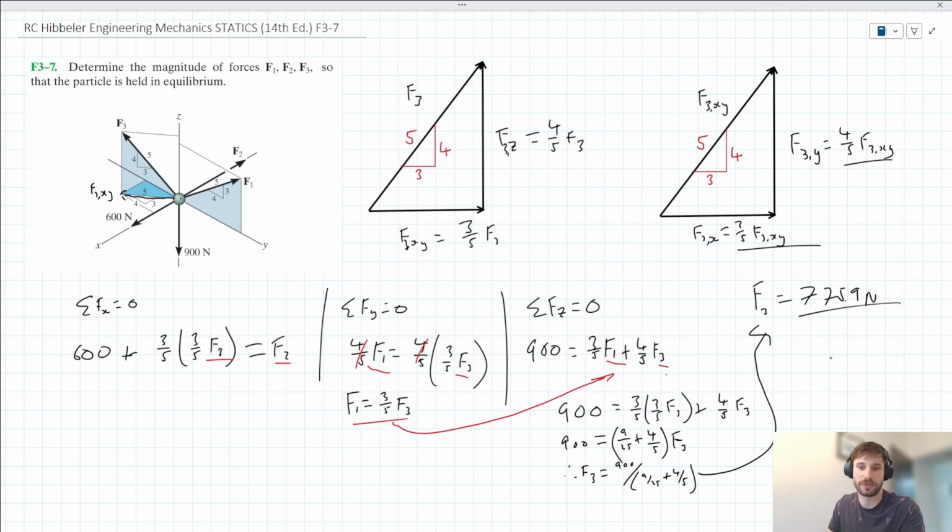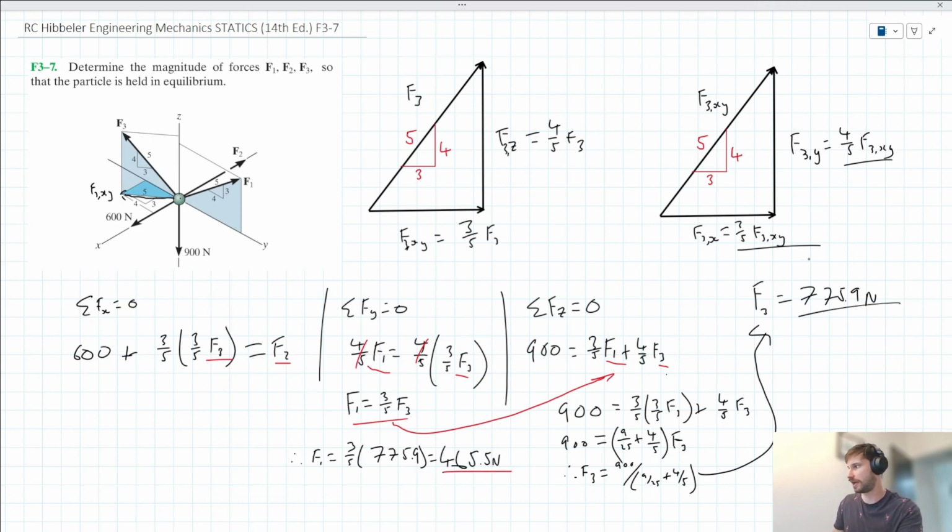Okay, so we've got our F3 there. We're in a good place with this problem already. We can substitute that into this idea here, since this is a very convenient equation. We can say therefore F1 is equal to 3/5 of 775.9, which when we bung in our calculator gets us a value of 465.5.